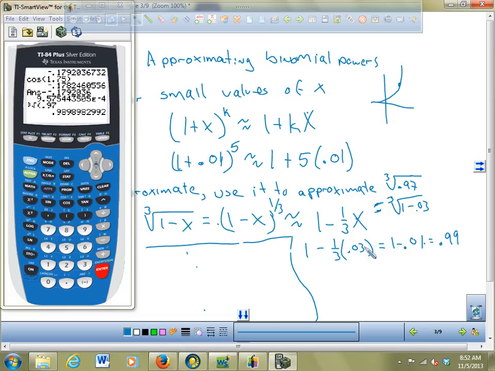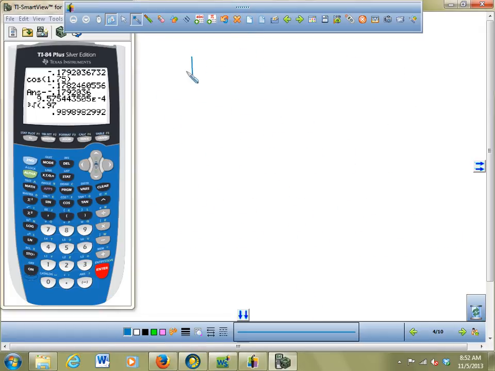To clarify what I was asking, it's actually 4 plus 3x all raised to the 1/3, and they say find the linearization of that function. I don't think you could do it with what we just talked about. You have to find the equation of the tangent line first.